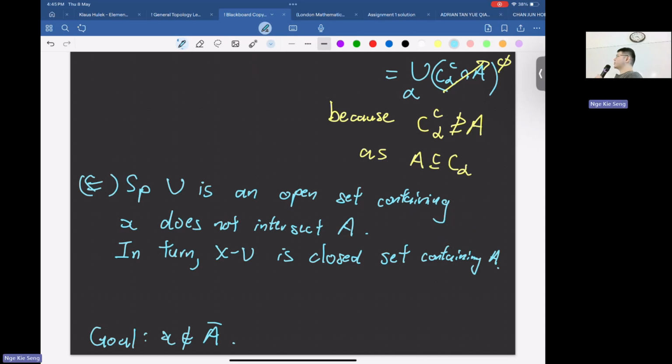Why? Because U doesn't have A, so the complement must contain A. So this is one of the closed sets that you take to intersect inside of A bar.